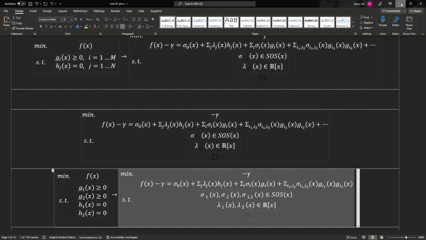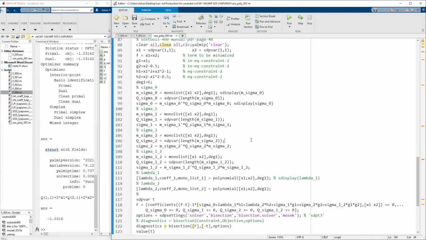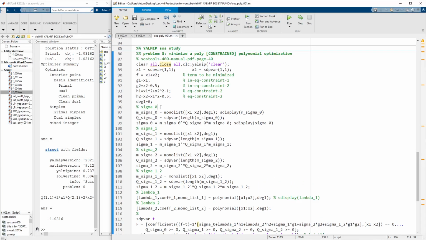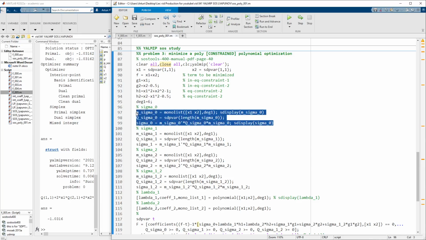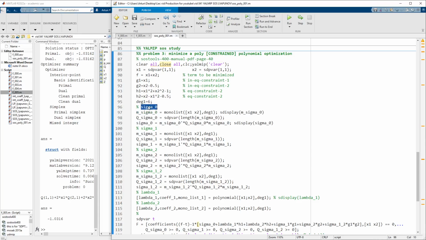All right, let's get back to MATLAB. Again, what do we have? We have sigma 1, and at this stage you are familiar with this type of sigma 1 polynomial. For sigma polynomials being SOS, how can we express that?